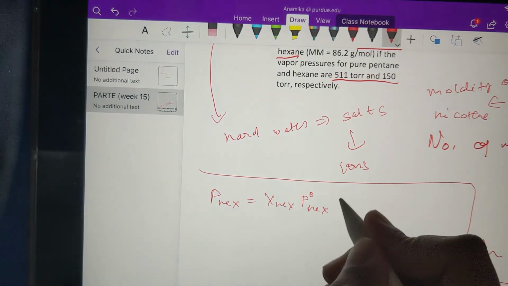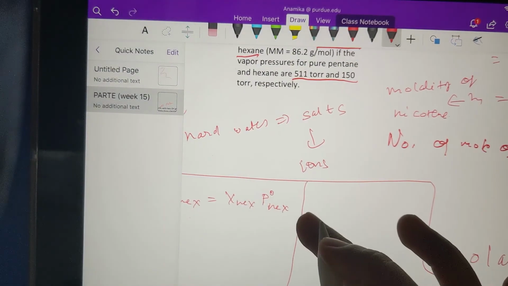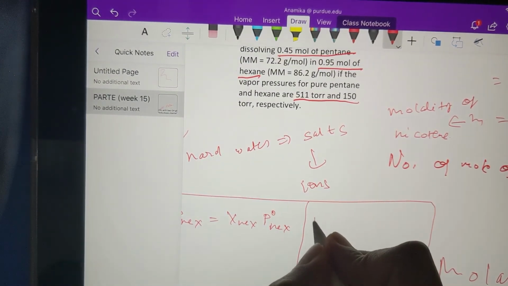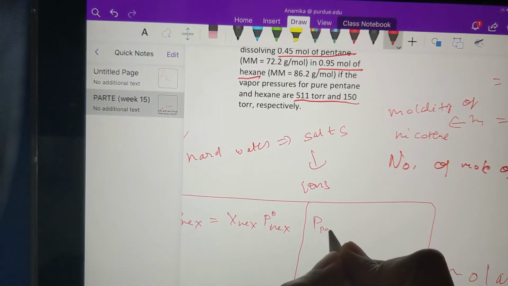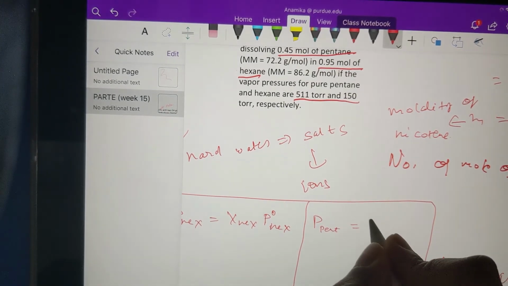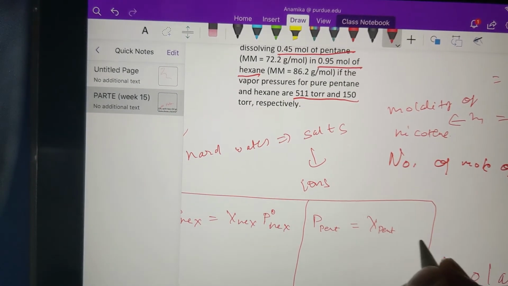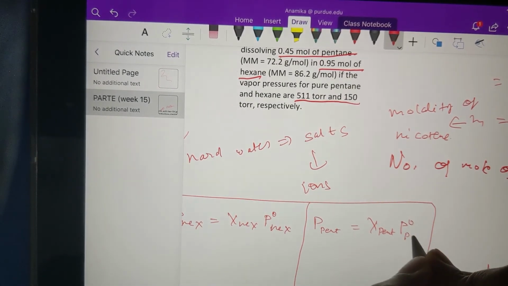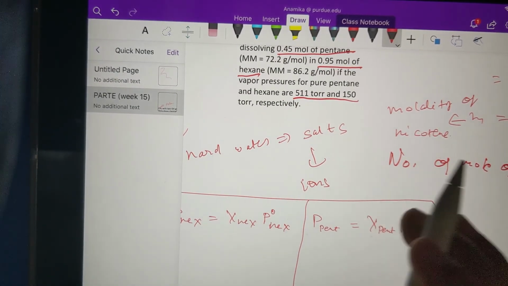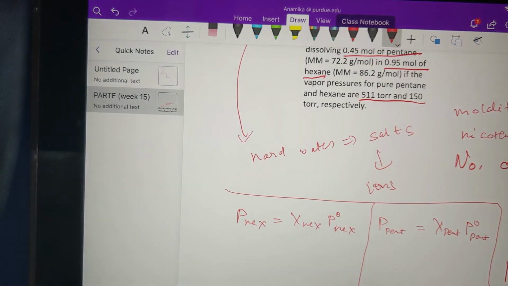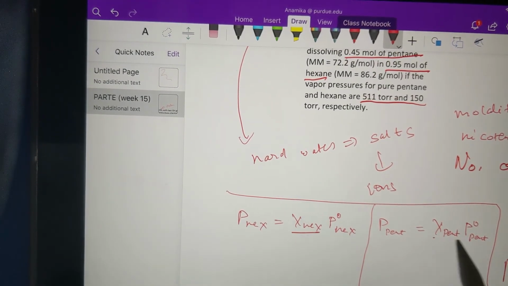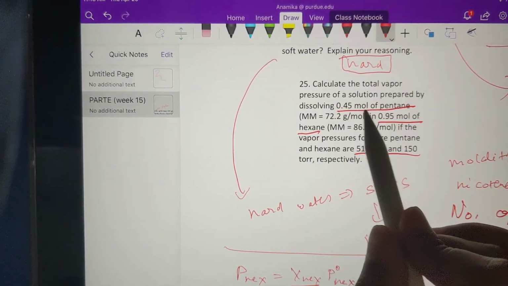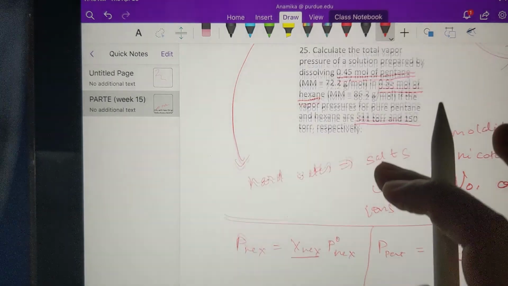Okay, so the same you can do for pentane also. So the vapor pressure of pentane is going to be the mole fraction of pentane into the vapor pressure of pure pentane. Okay, so first we need to calculate the mole fraction of hexane and pentane. So from here, you have the moles of pentane and hexane both, so you can calculate that easily.